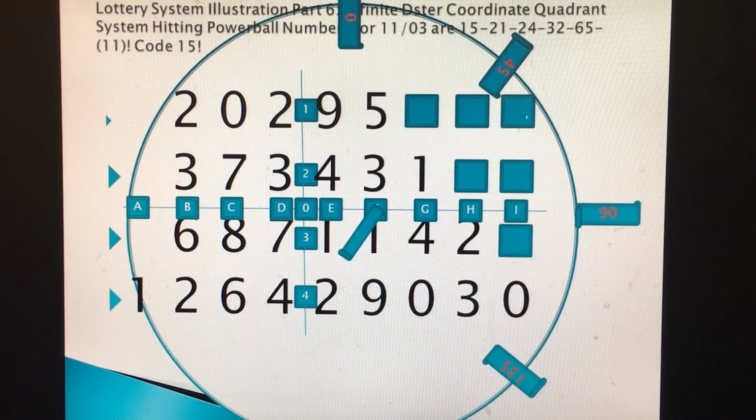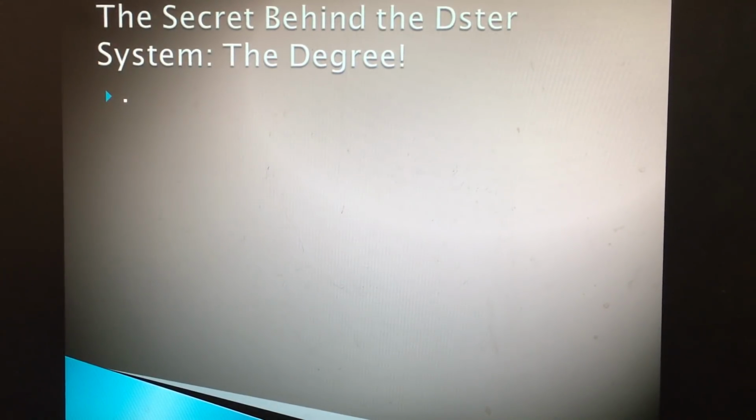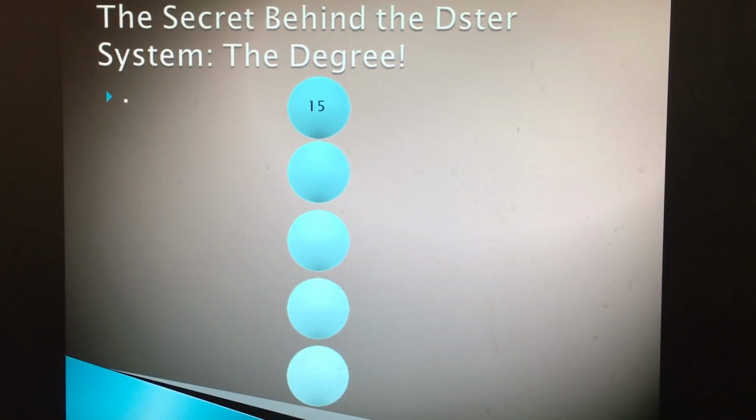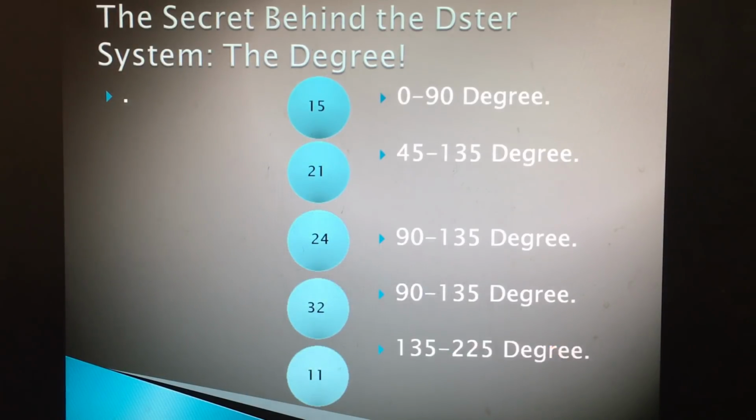Yet again, let's look at the breakdown of this new system. The secret behind this system, the degree. 15, 21, 24, 32, 11 were all in the Dster. 15 was chosen from 0 to 90 degrees. 45 was chosen from 45 to 135 degrees. 90 was chosen from 90 to 135 degrees. 32 was also chosen from 90 to 135 degrees.